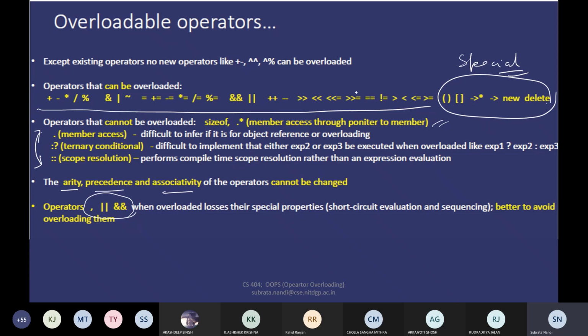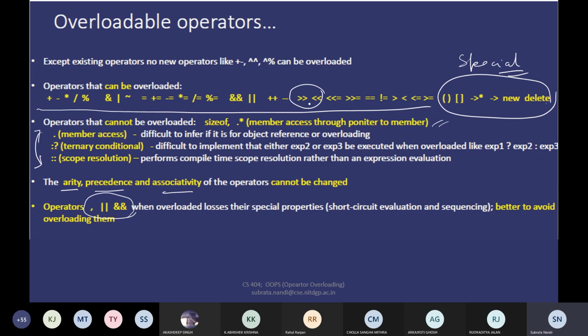Okay, so in the next few slides we'll be talking about overloading these operators. What are these operators? Insertion operator and extraction operator. So if I would like to write say cout << a << b << c, where a, b, c are complex objects, we would like to implement the cascaded output or cascaded input in case of user defined objects.